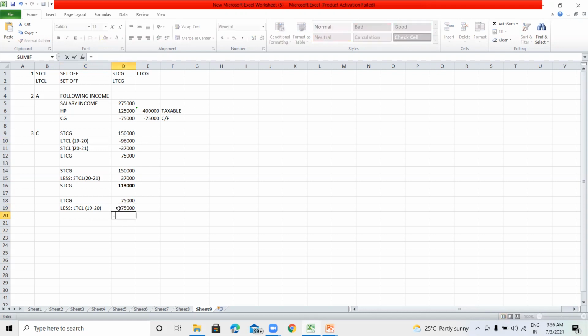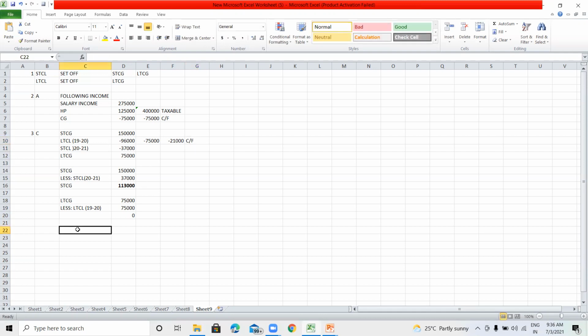So the balance long-term capital gain will be 0. The balance will be this minus this, 21,000 rupees, which we will carry forward for the next year.